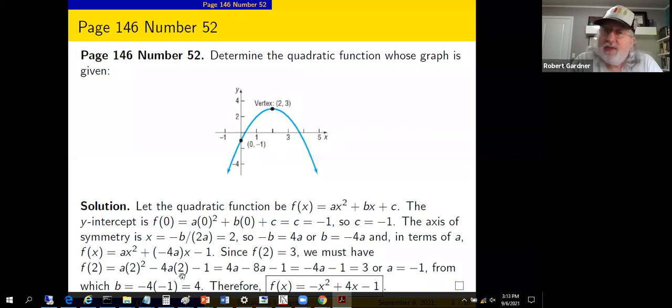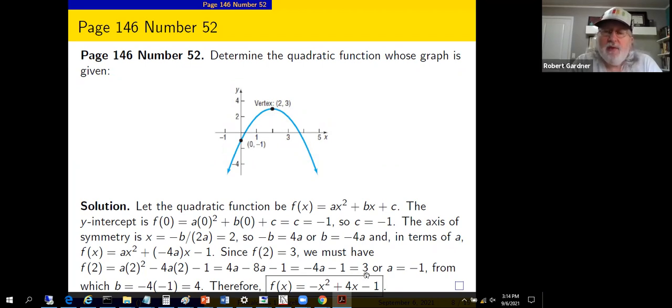Put the 2's in parentheses, as I'm prone to do when substituting into functions. That's 4a minus 8a minus 1, that's -4a minus 1, and that should equal 3. We're setting it equal to 3 because we know f of 2 equals 3.